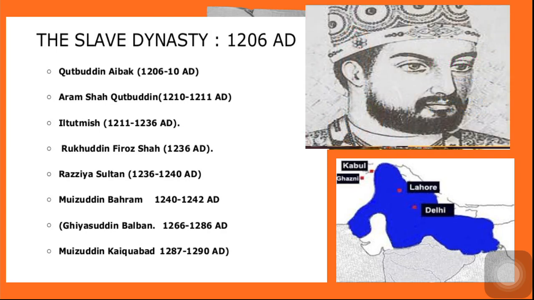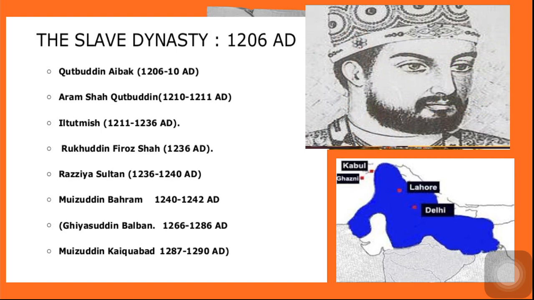After a number of weak rulers, the 40 nobles decided to put Nasiruddin Mahmud, Iltutmish's youngest son, on the throne. He proved a good sultan who ruled well for 20 years, from 1246 to 66, supported by his able deputy Balban.